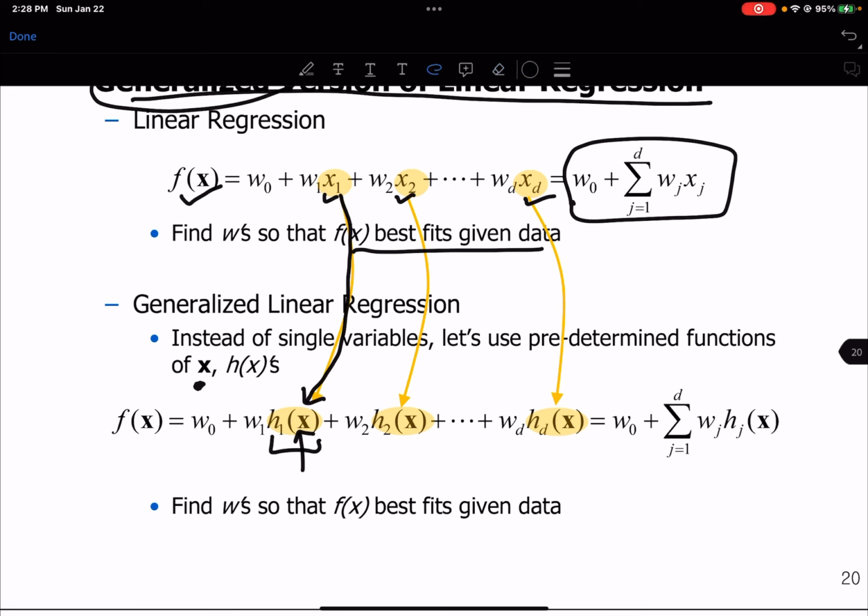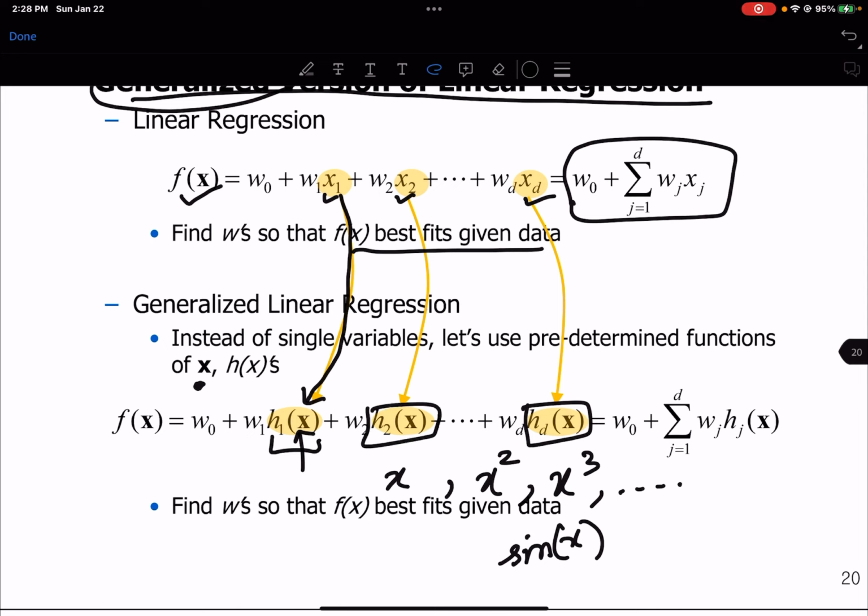So in this case, we replace your x with a function of x. If your data is represented in a sinusoidal form, we could use sine of x. So this predetermined function h of x is replaced in this equation.